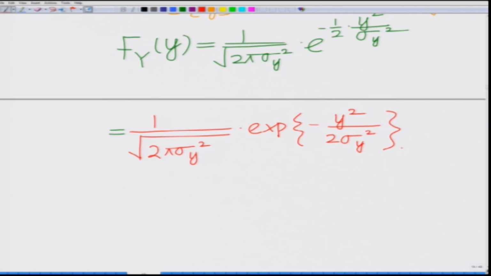So, the marginal probability density function of this Gaussian random variable y with mean 0 and variance sigma y square is 1 over square root of 2 pi sigma y square times exp of minus y square divided by 2 sigma y square. Okay. So, that is the easy part.